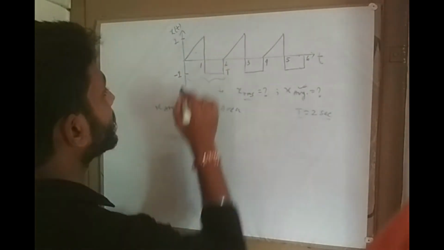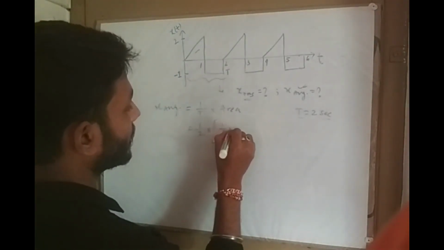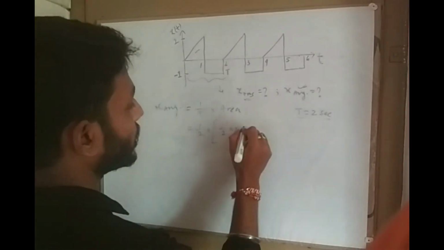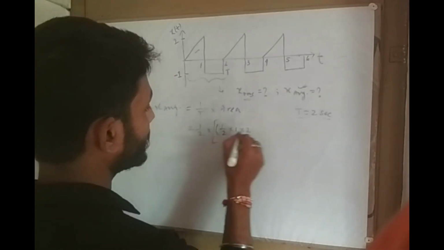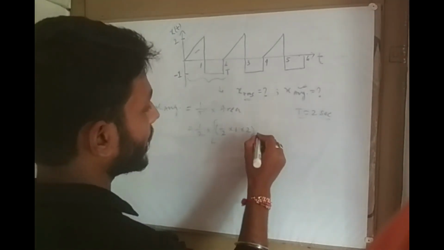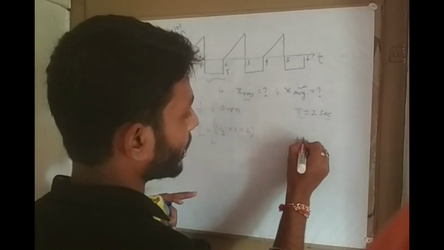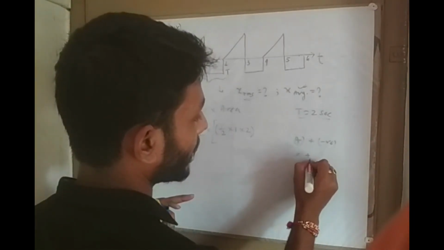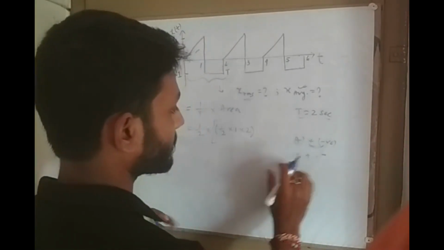For the upper part, the area will be half multiplied by 1 second multiplied by 2, where the magnitude is 2. This is for the positive part, and for the negative part, if we add positive part plus negative part, it will be plus minus, which becomes minus.